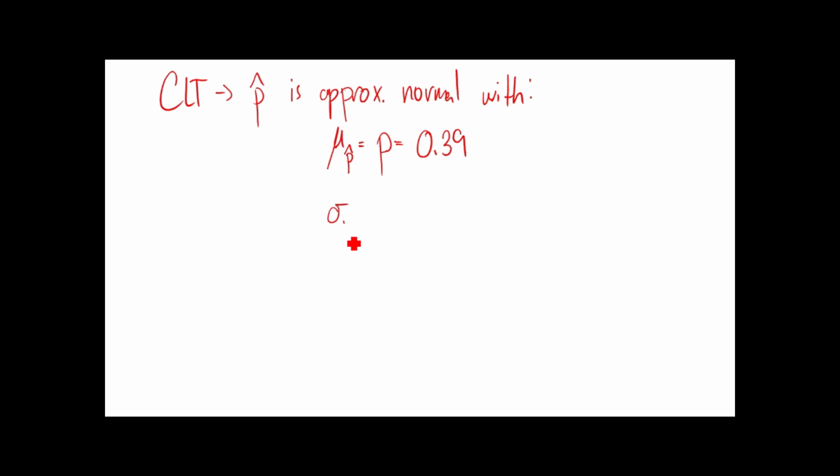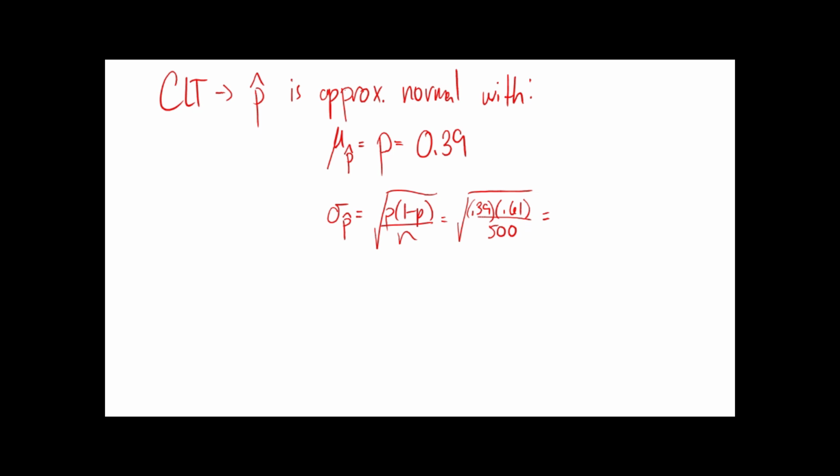And its standard deviation is going to be the square root of p times 1 minus p over n, which is the square root of 0.39 times 0.61 all over 500. So we do 0.39 times 0.61, divide that by 500, and then take the square root of that and see what that comes out to be.